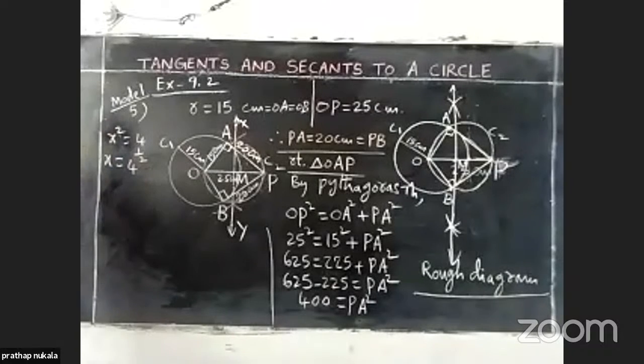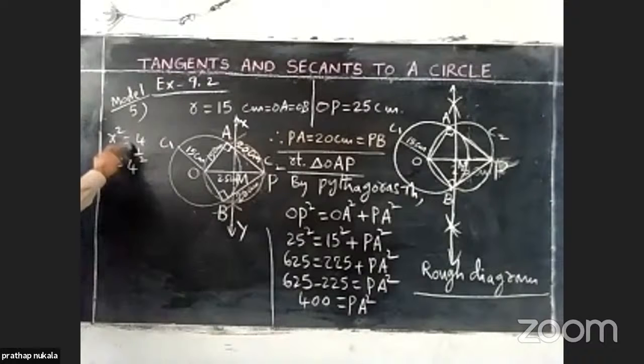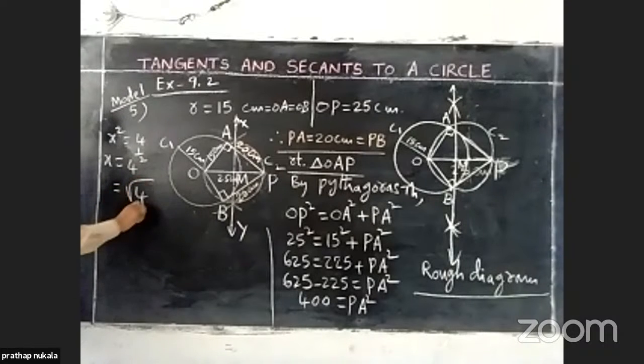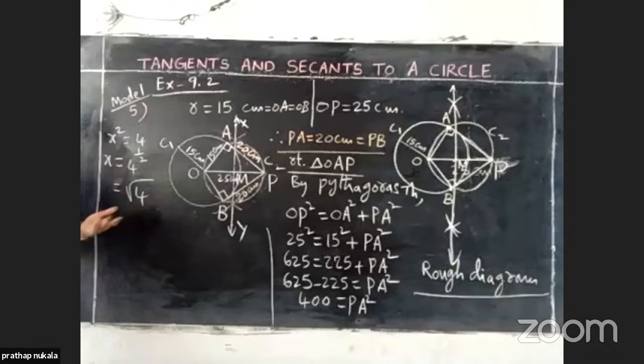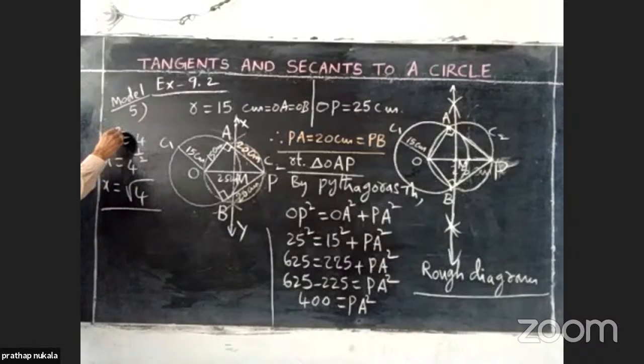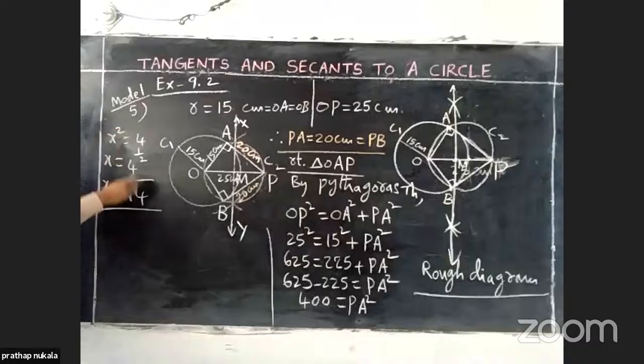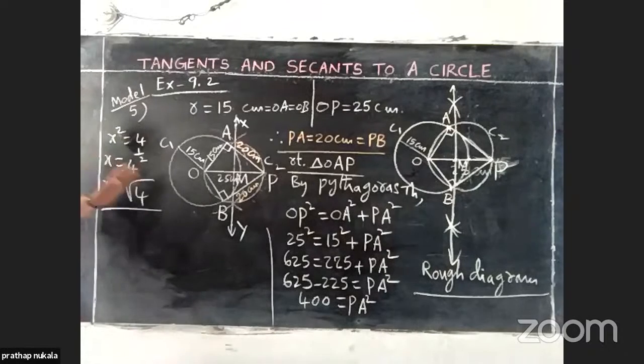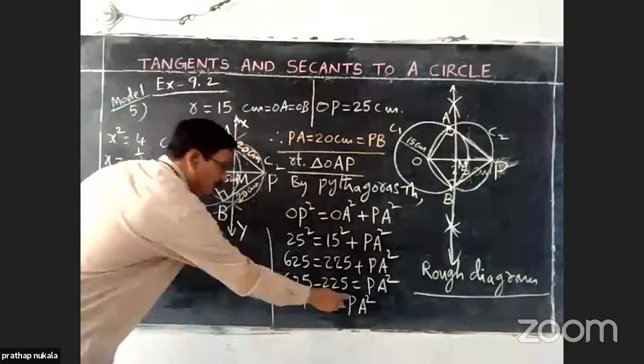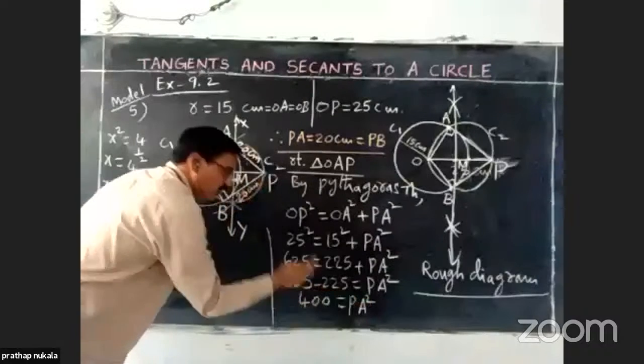Here it is 2 by 1, and 2 by 1 becomes 1 by 2, since 1 by 2 is the reciprocal, or multiplicative inverse, of 2. 1 by 2 as a power means square root. 4 power 1 by 2 means the square root of 4. So x equals root 4. That means if a square is transposed to the other side, it becomes a square root. If a square root is transposed to the other side, it becomes a square. That's why here also we are transposing the square to the left side.